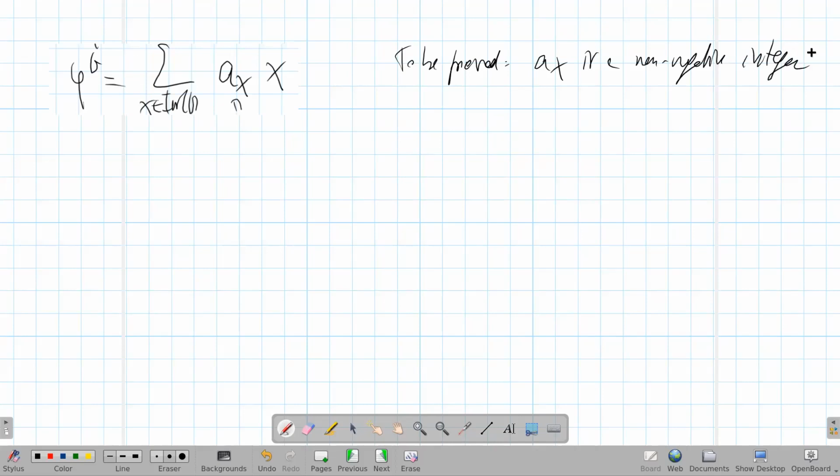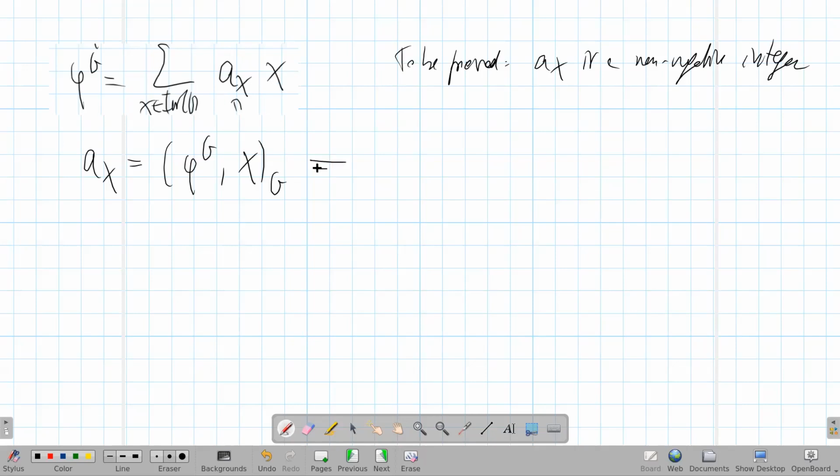How do you prove this? Well, a chi, by definition, is the scalar product of phi g with chi, the inner product. Because the irreducible characters are orthonormal, if you take the inner product of phi g with a certain chi, you isolate a chi.